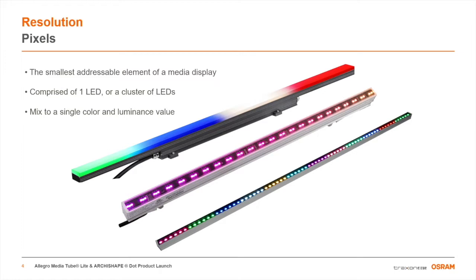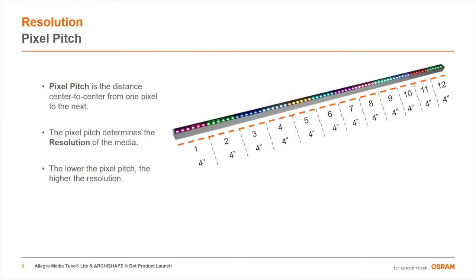Here in the center we have Media Tube HO, and each of these little groupings of LEDs is its own addressable, controllable pixel. However, ProPoint Contour behind this diffusion, each 1 foot length has a large group of LEDs illuminating that 1 foot pixel. And then let's look at this bottom fixture in a little more detail.